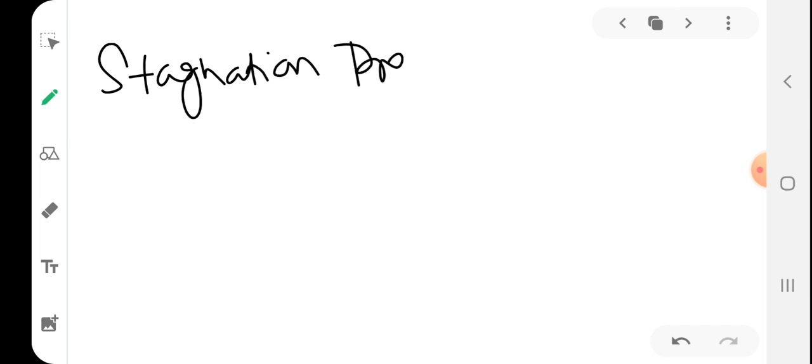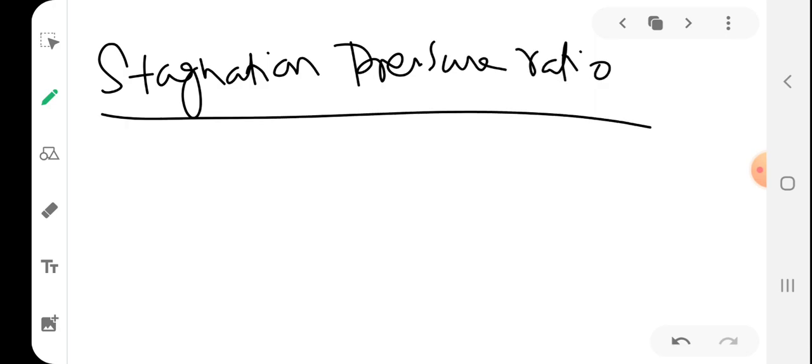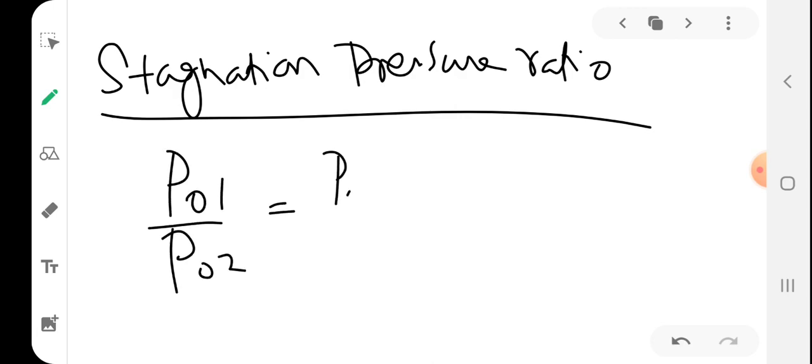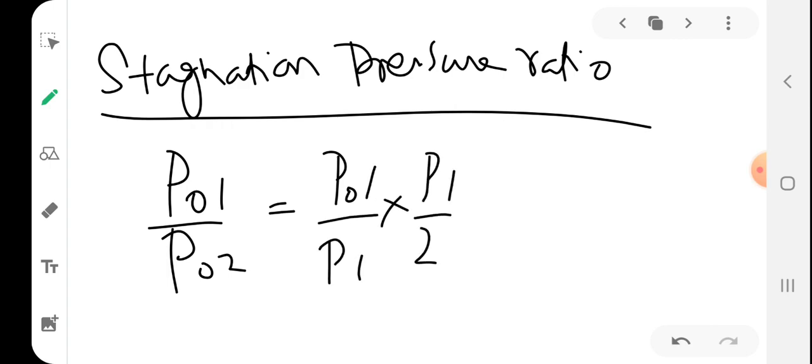Now we will try to get the stagnation pressure ratio. Stagnation pressure ratio is P01 by P02, right? P01 by P02 can be written as P01 by P1 into P1 by P2 into P2 by P02.